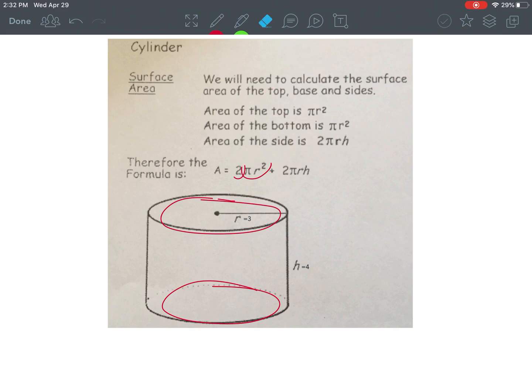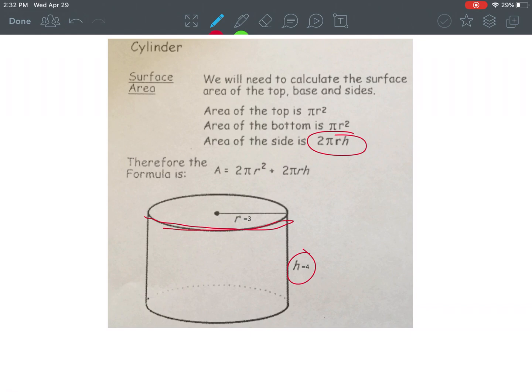Then the second part of the formula is going to be dealing with the rectangle. This part right here. The area of a rectangle is usually length times width, but we aren't given a length and width. We have the height over here. We could use that for one of the measurements, but we don't know what the other would be.